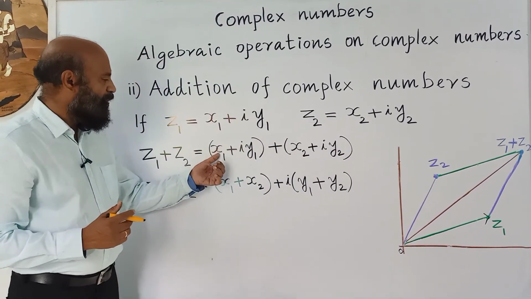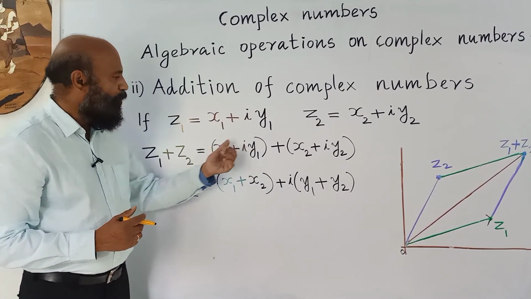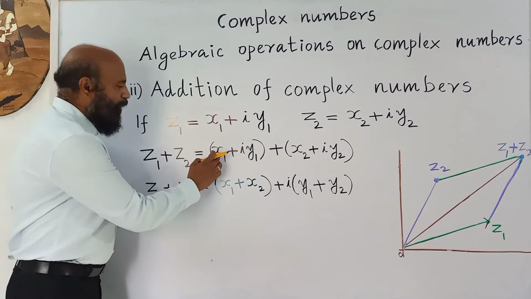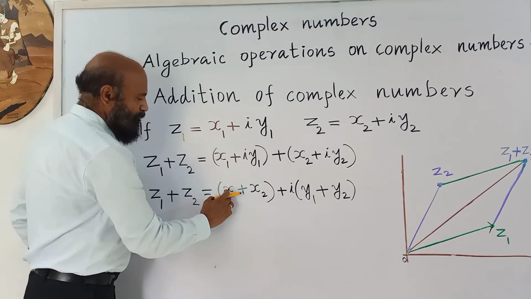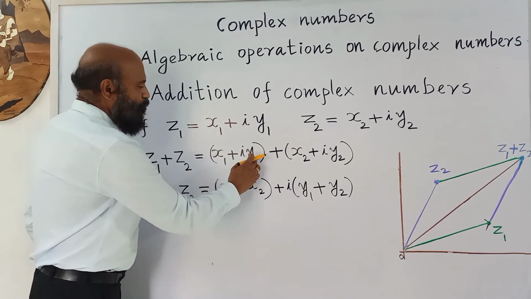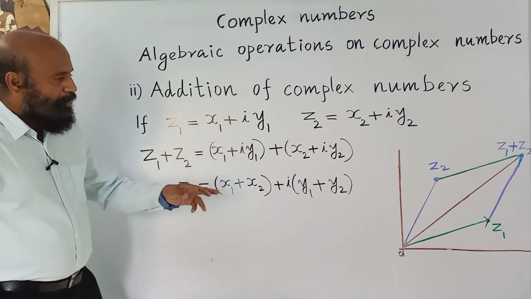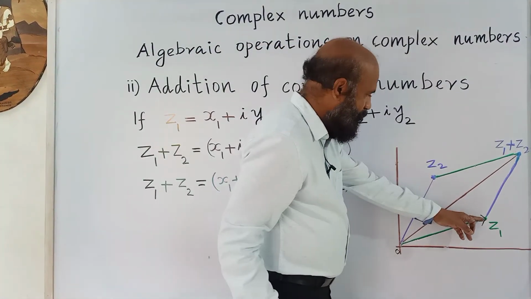In this, x1, y1, x2, y2 are real numbers. So when you add, we have to add the real parts first, x1 plus x2, plus i times y1 plus y2.